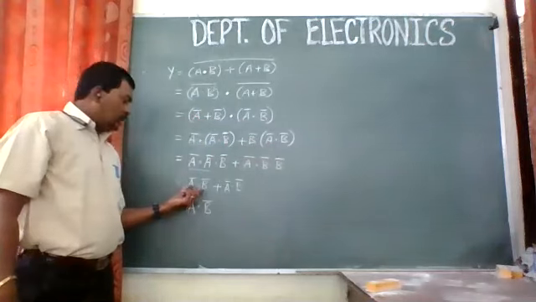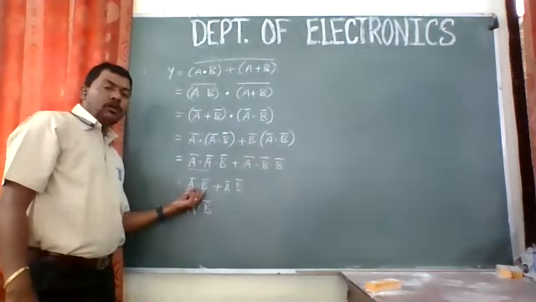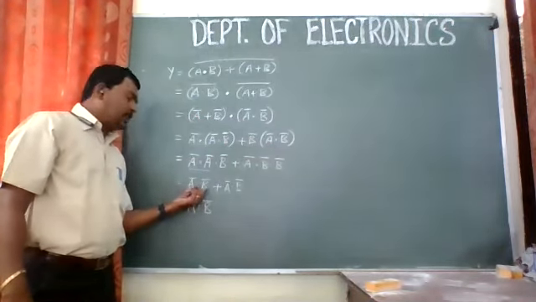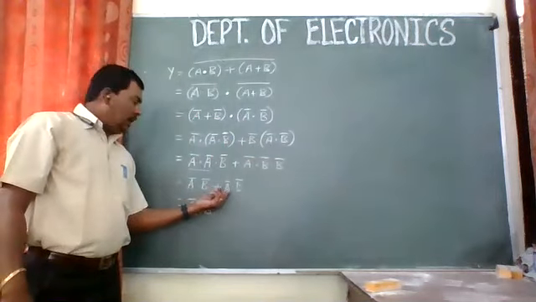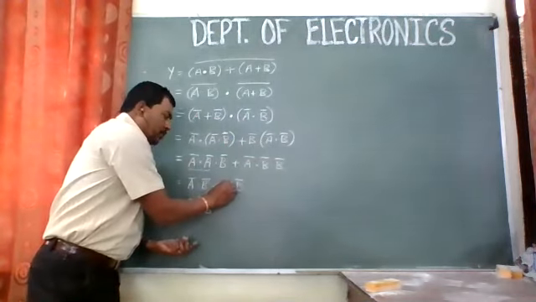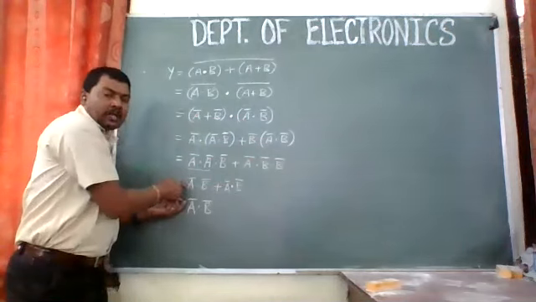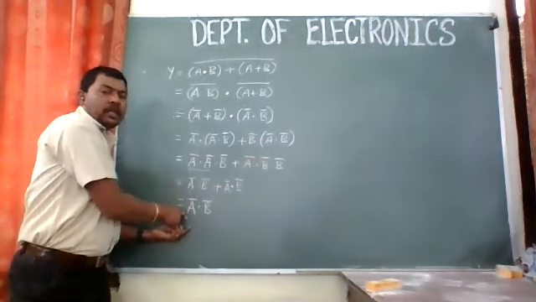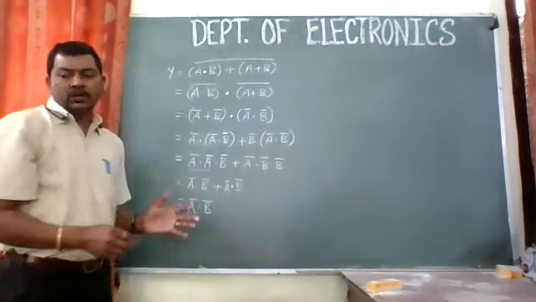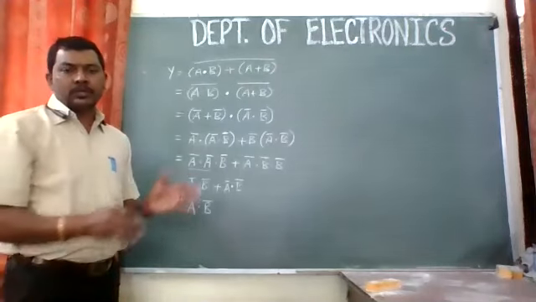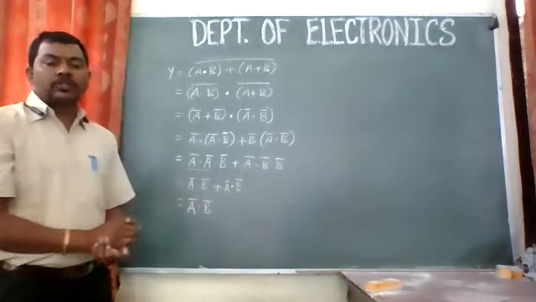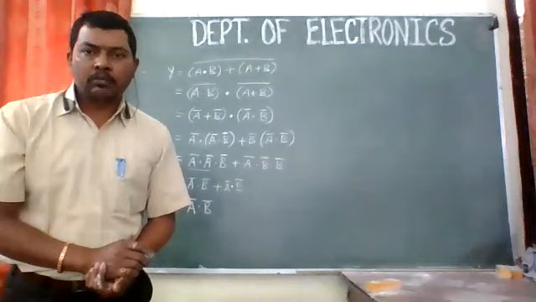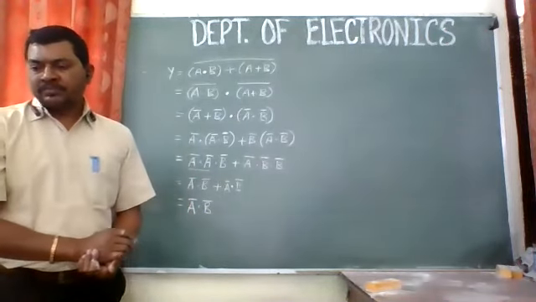The final equation is A complement dot B complement plus A complement dot B complement, right? Both the terms are the same. Therefore, we get A complement dot B complement only. This is how we are expected to solve this equation just by using De Morgan's theorem only. I guess you have understood.